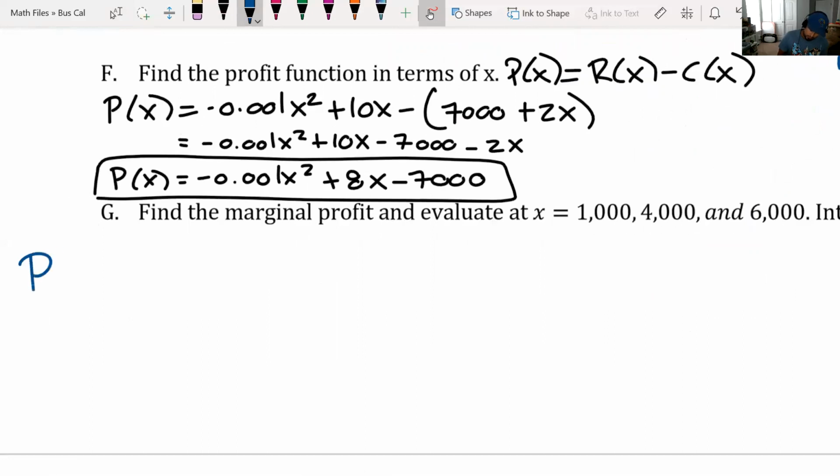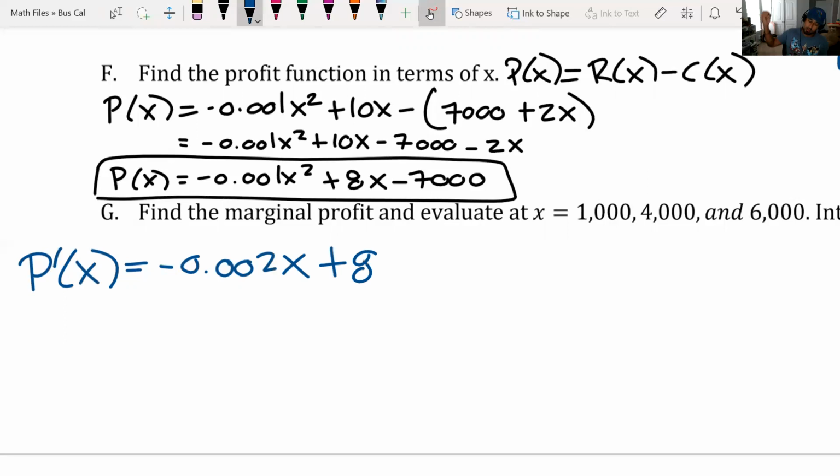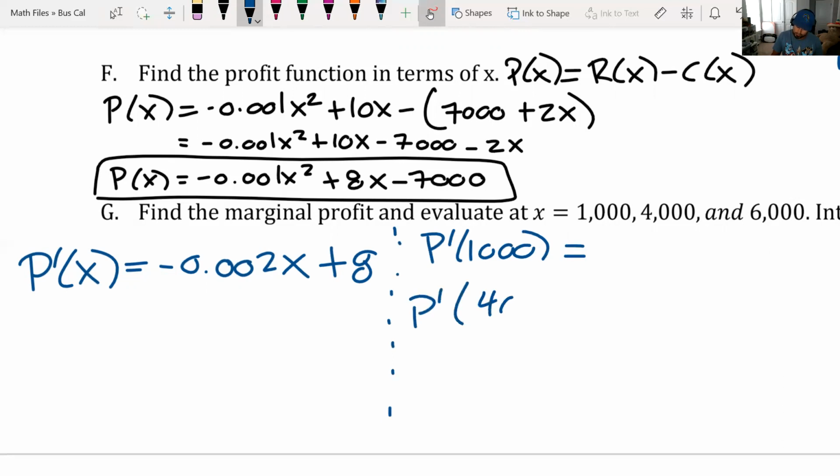So P prime of x is going to be negative 0.002x plus 8. There's the marginal profit function. And now plug in those numbers. P prime of 1,000, P prime of 4,000, and P prime of 6,000.